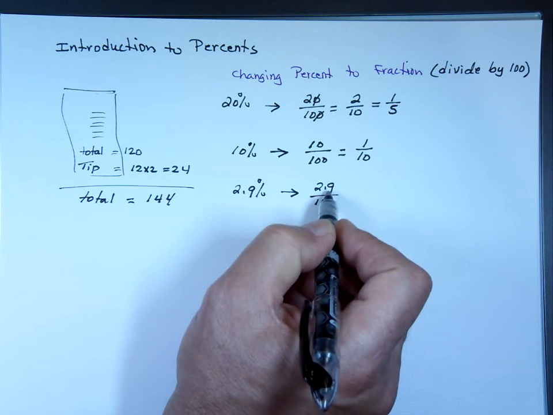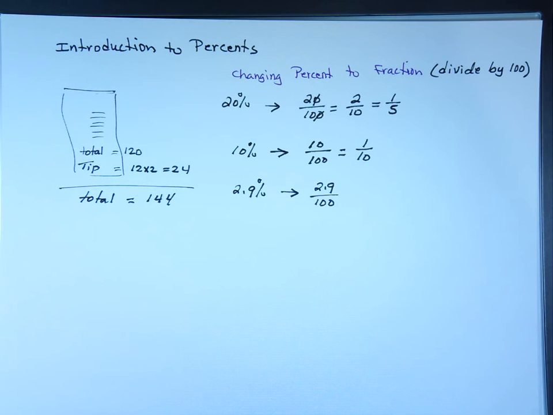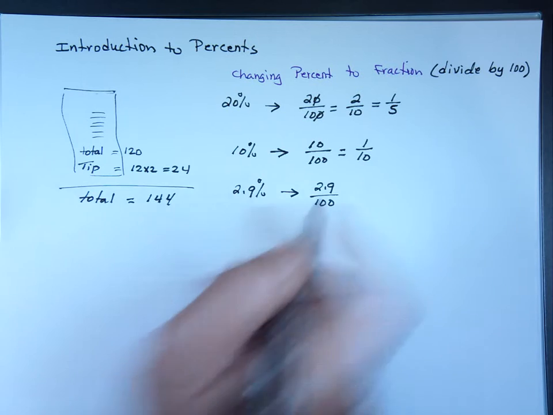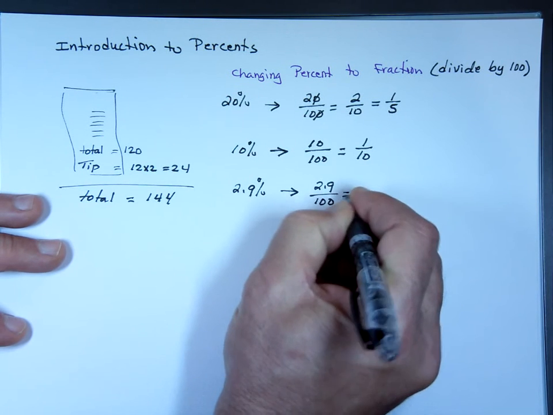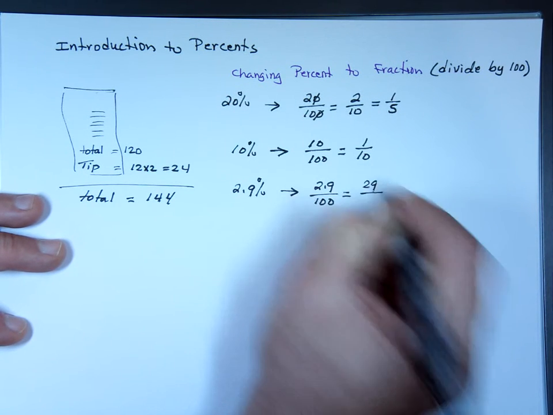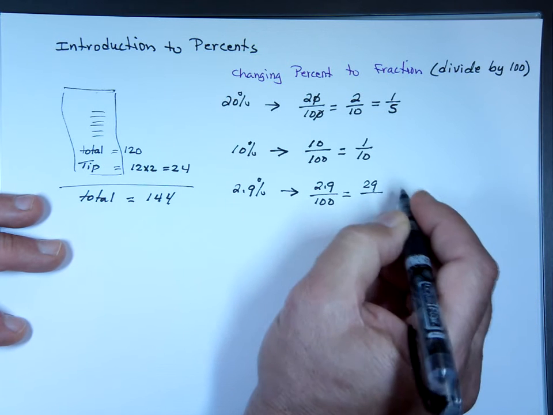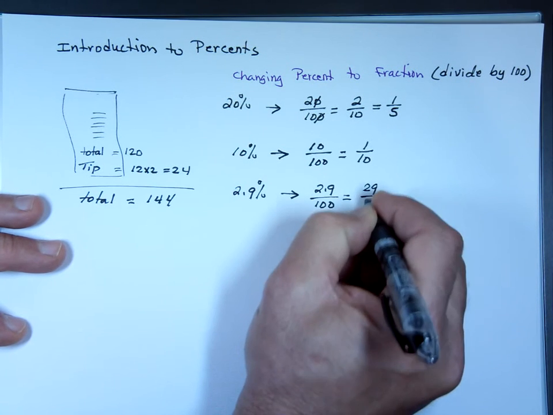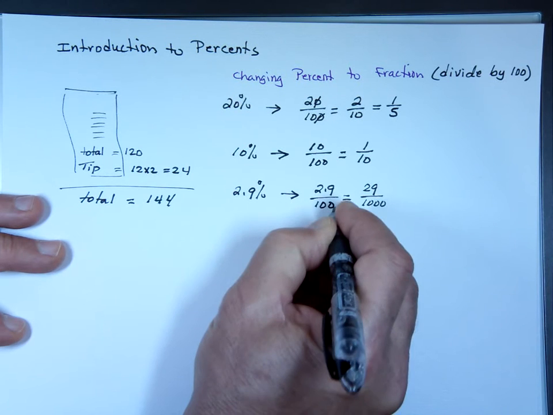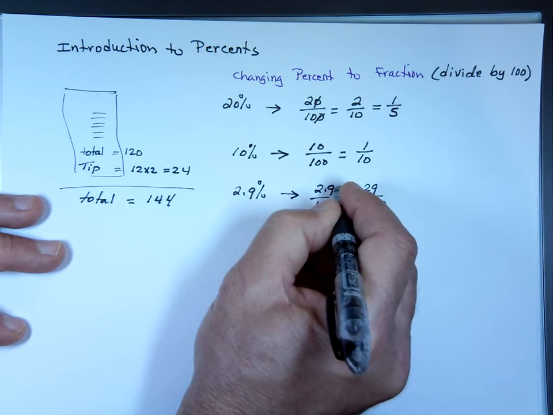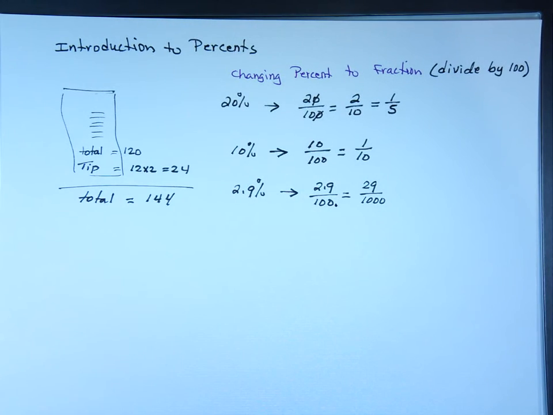So how do we change that number to a whole number? Move it, yes, Jamie, which way? Did you move it to the right one place? So that would be 29 over, not 100, 1,000. Because remember, there's a decimal point here. If you move this one place, you have to move that one place.